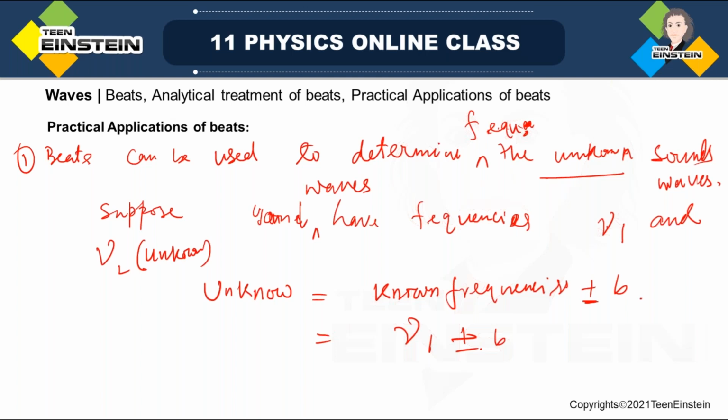And now the beat you get, if that has a greater frequency, then this unknown frequency will be nu 1 plus b, because frequency is increasing.